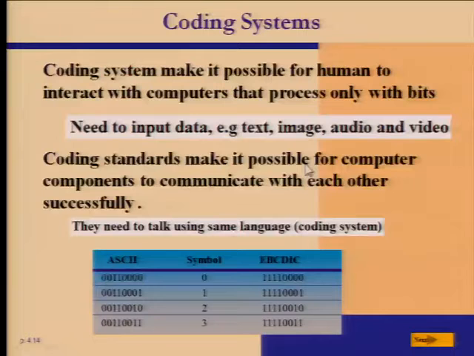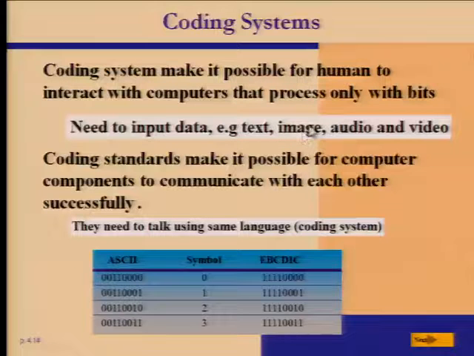We mentioned coding systems. Why is there a need to have a coding system? Basically because it makes it possible for human beings to communicate with the machine, a computer. You need to have a language. So we use a coding system, and we will be able to input data, say text, characters, or even image, audio, or video.